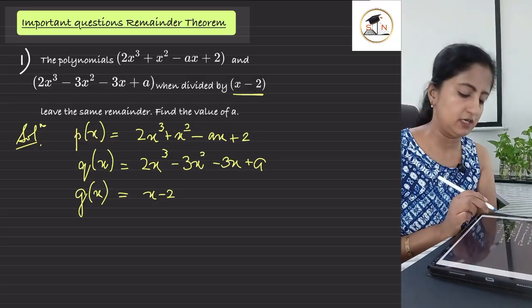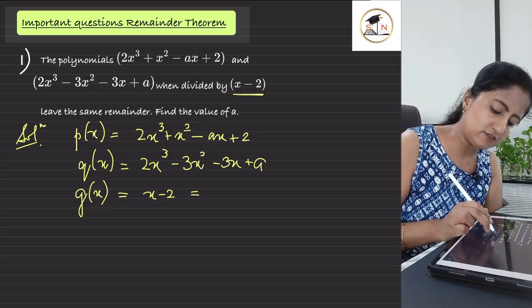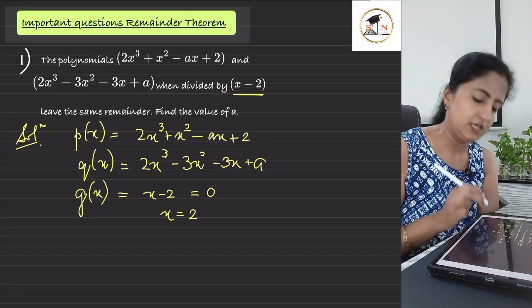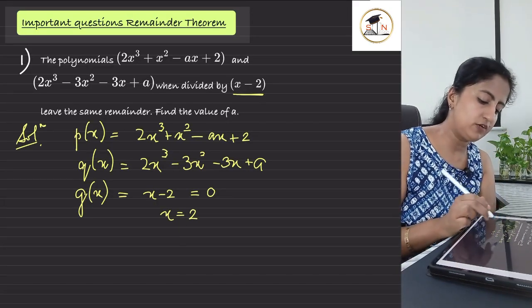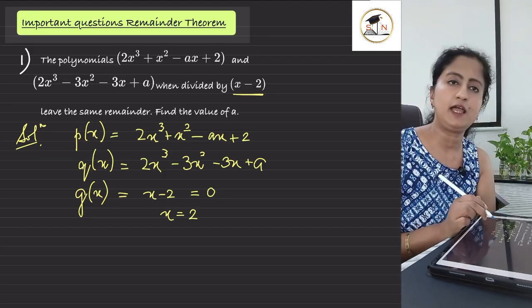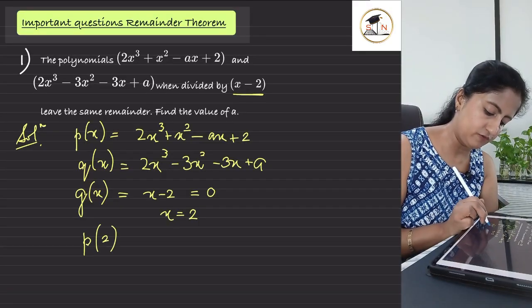And I have already told you how we get the 0: by equating this factor with 0, and we get the value of x as 2. So now we are going to substitute the value of x as 2 in p(x) and q(x). So let's start. We will have p of 2 over here.